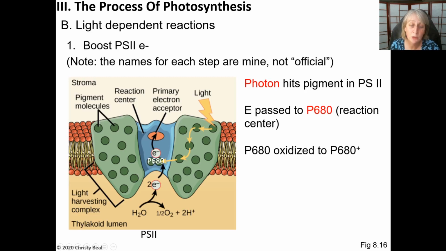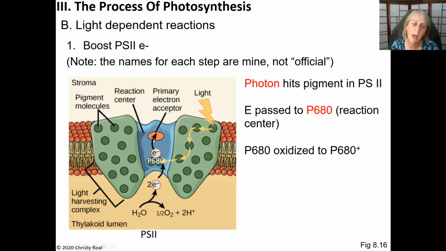This is a molecule that's really good at getting an electron excited in response to this red-orange light. And so when it gets excited, it leaves an electron. That means P680 is oxidized to P680 plus. It cannot continue to give up electrons now.